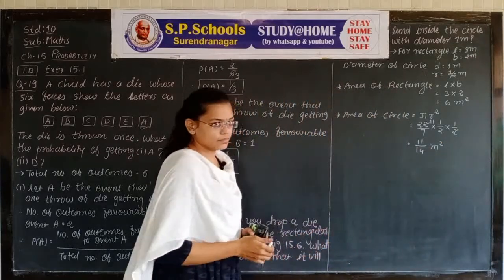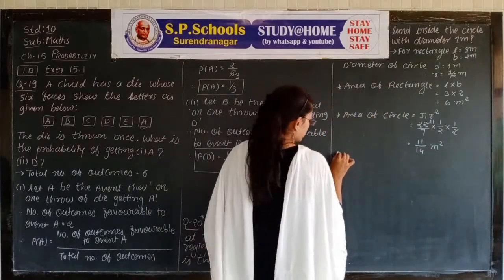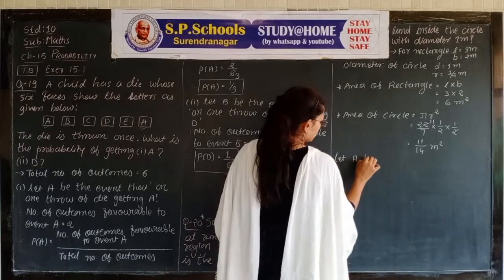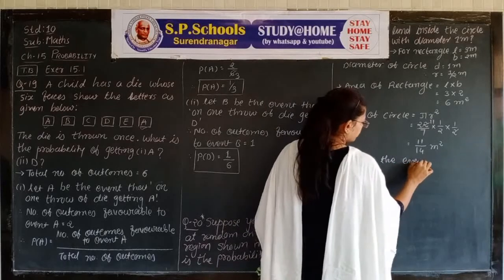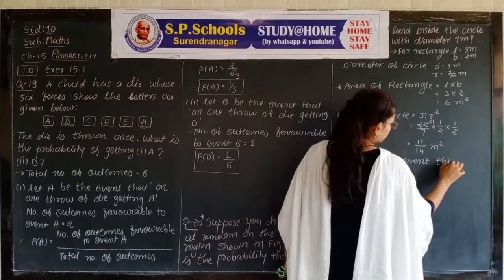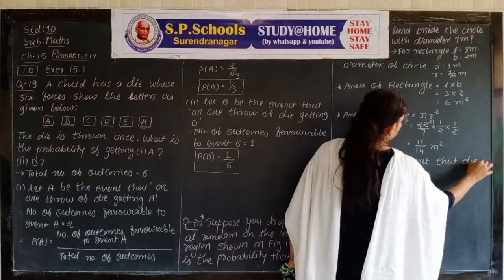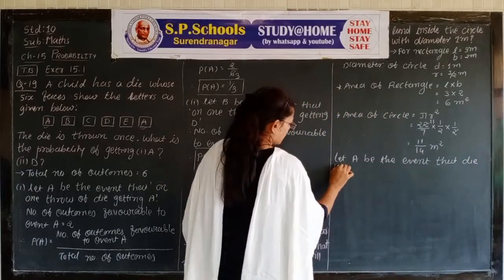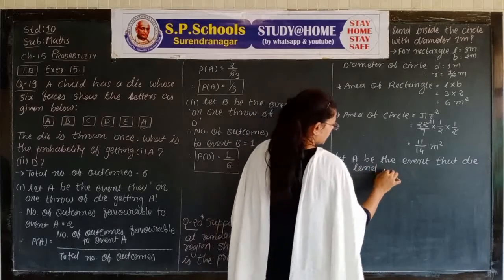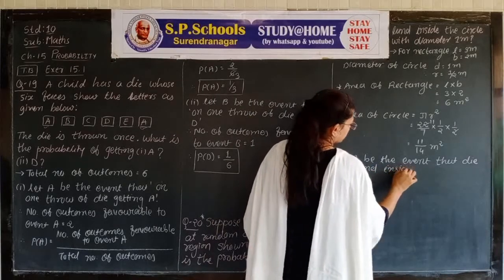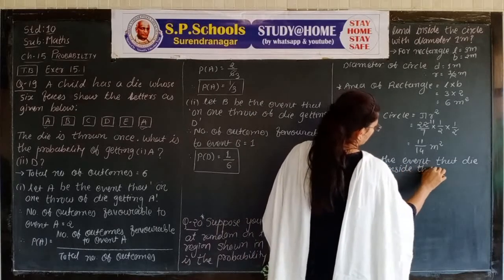Now we have to assume one event. Let A be the event that the dice will land inside the circle.